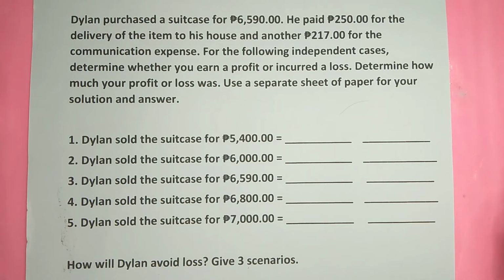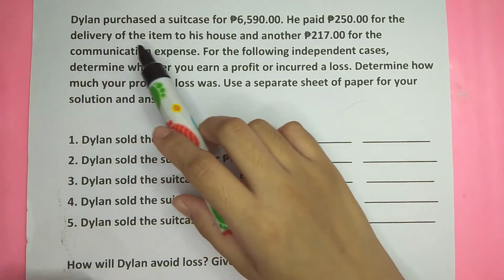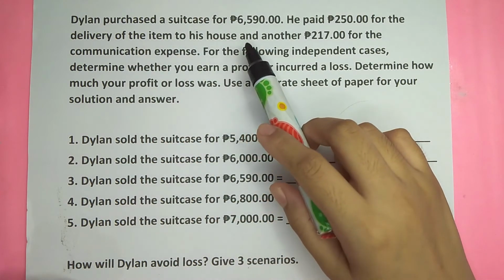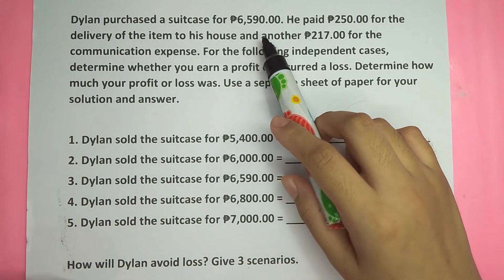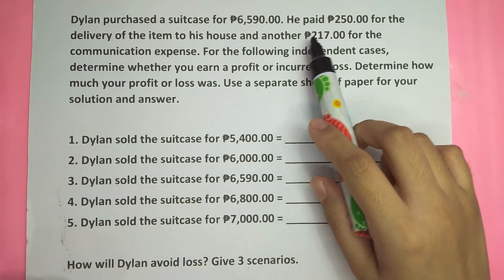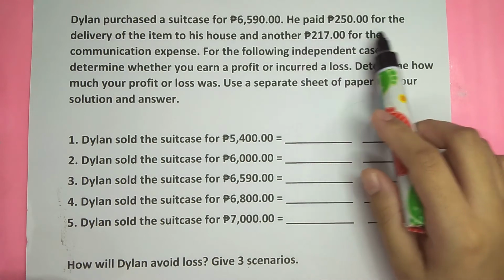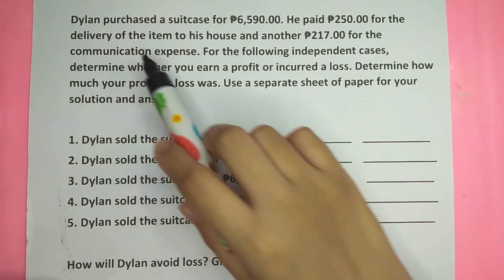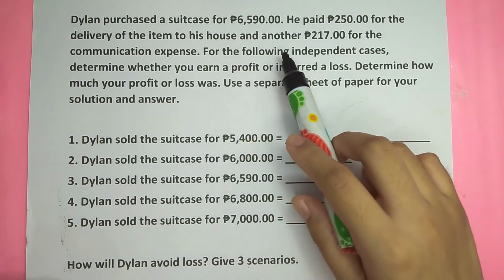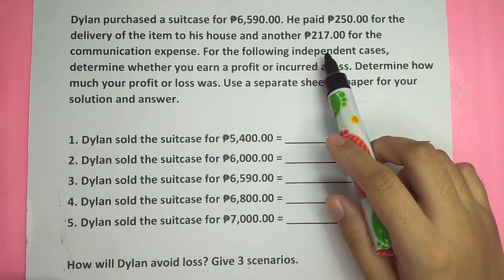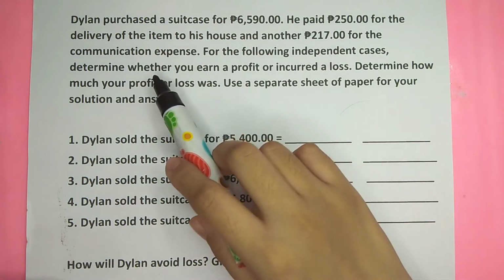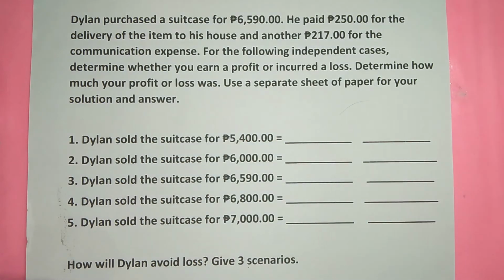Our topic for today is still profit and loss. Dylan purchased a suitcase for 6,590 pesos. He paid 250 pesos for the delivery of the item to his house and another 217 pesos for the communication expense.